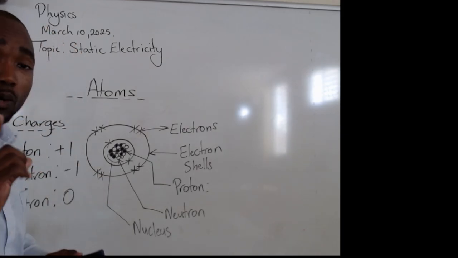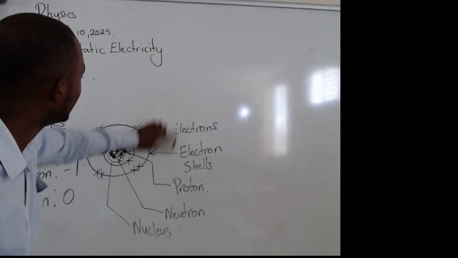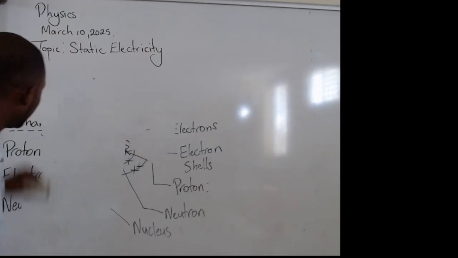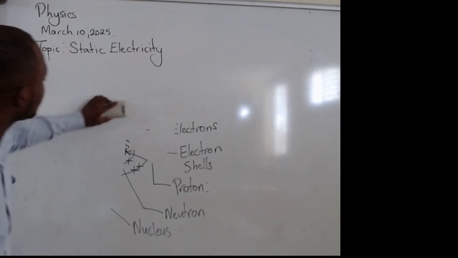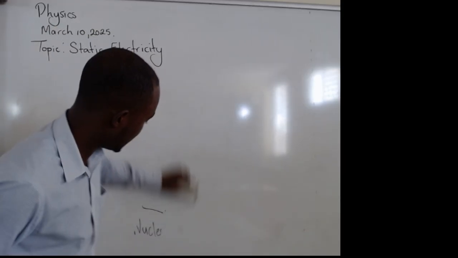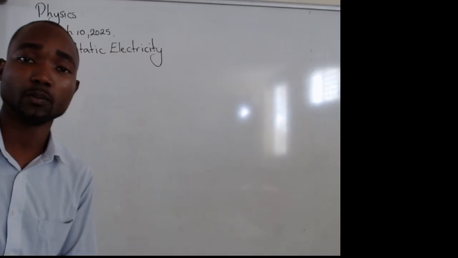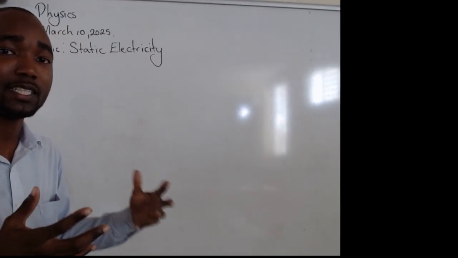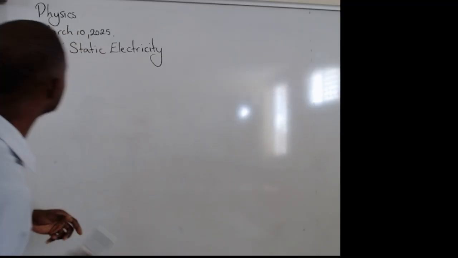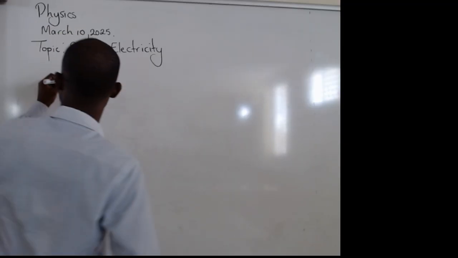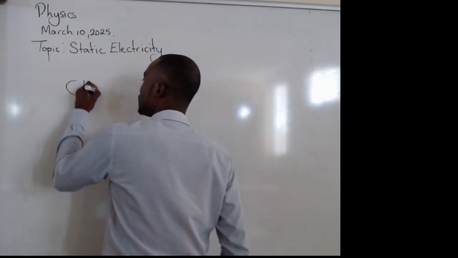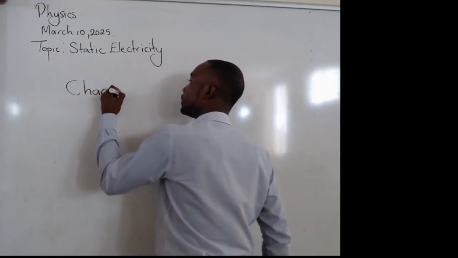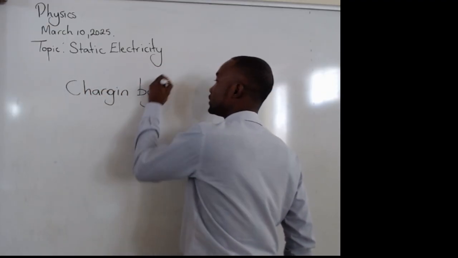Now, there is one special method we'll be looking at as we seek to make something become electrostatically charged. And that is charging an object by friction.